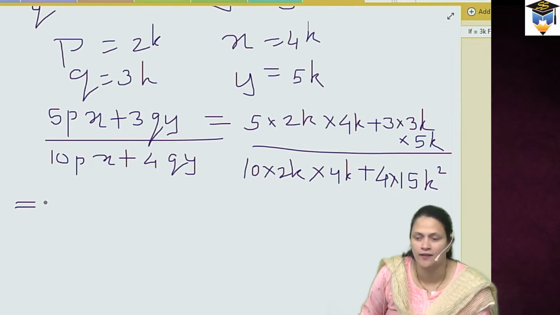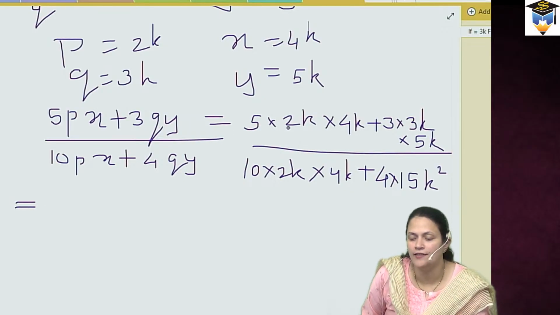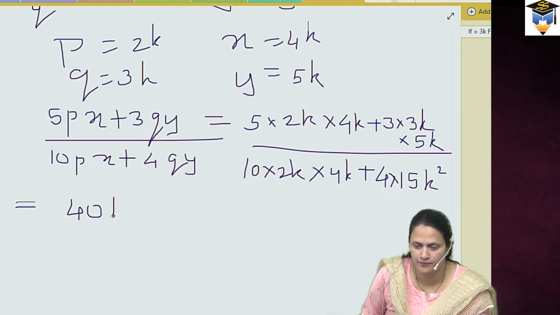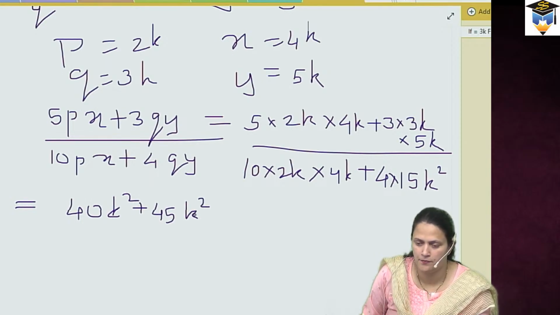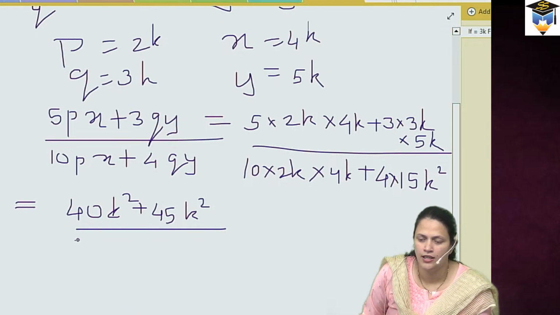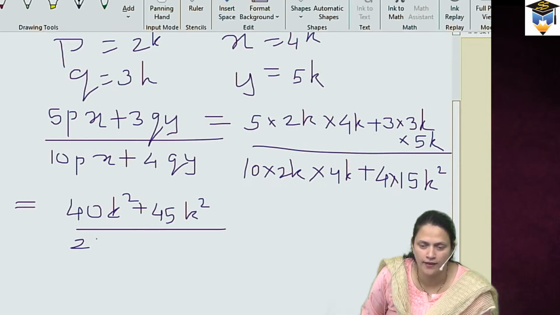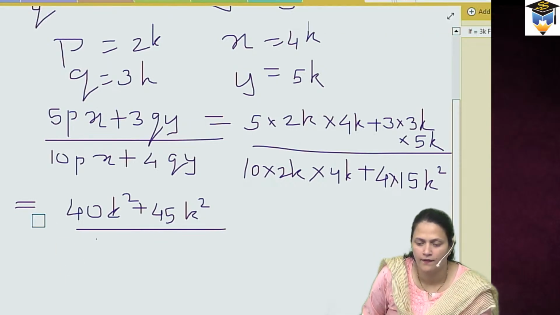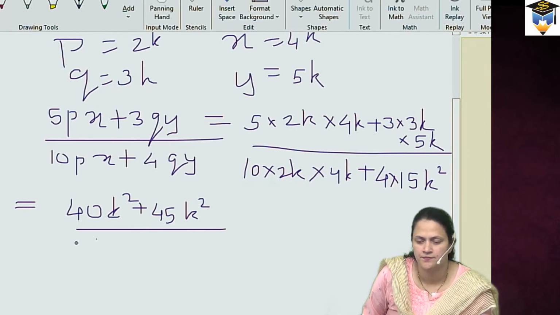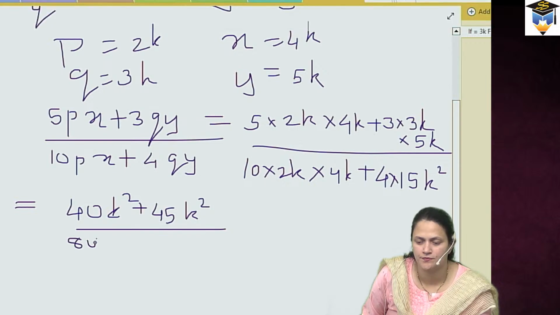The ratio basically. Okay, so 5 2s are 10, 40k square plus 45k square upon 20 into 4, that is 80k square plus 60k square.